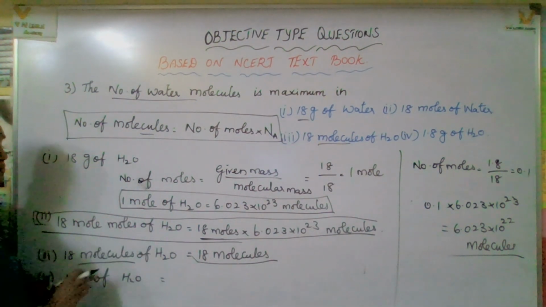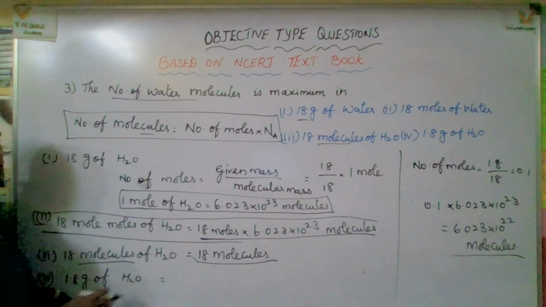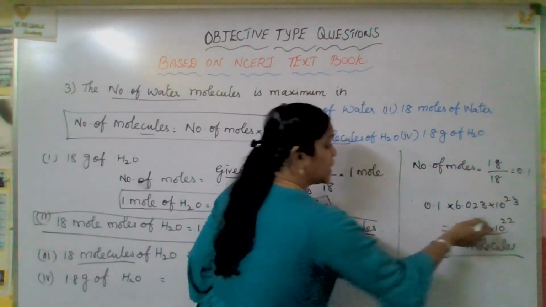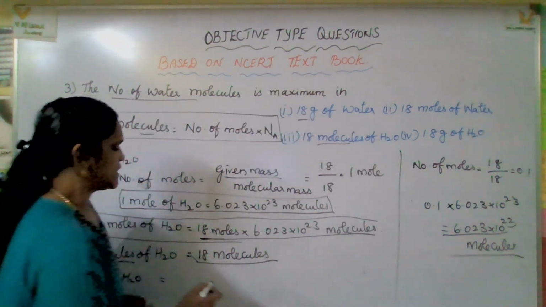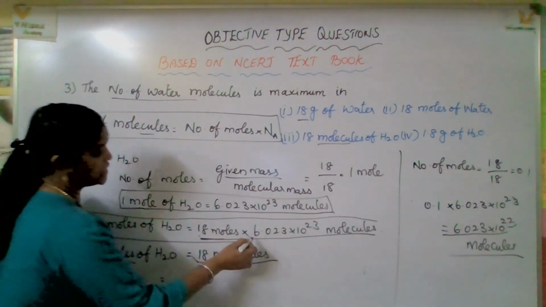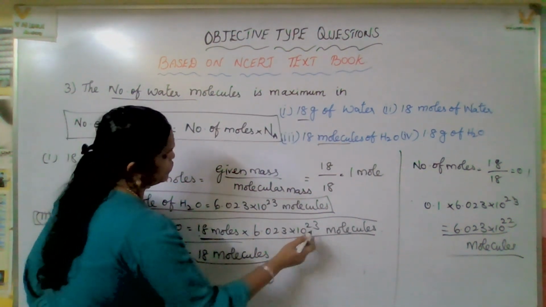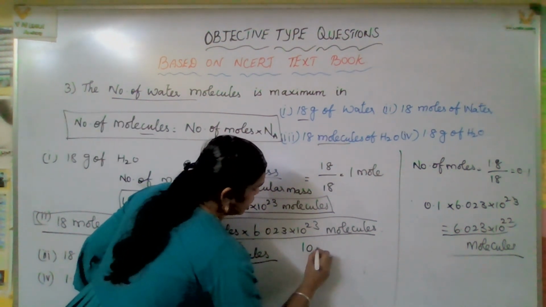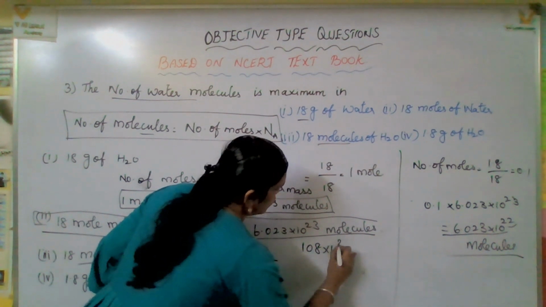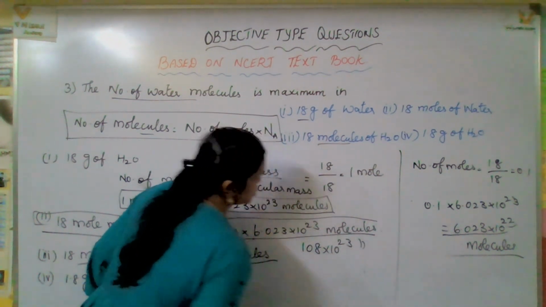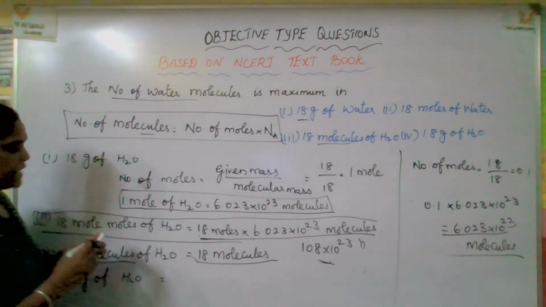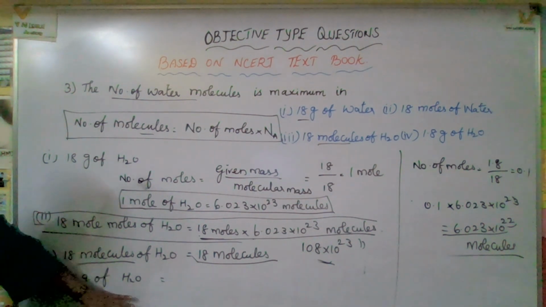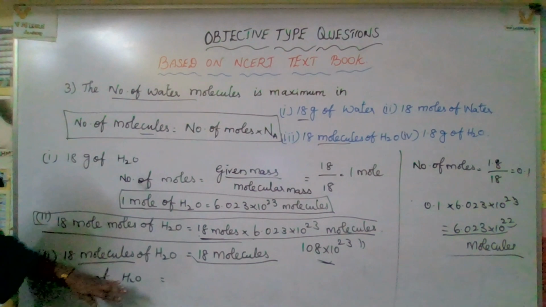This one is 6.023 into 10 to the power of 22 molecules, whereas here 18 moles into 6.023 into 10 to the power of 23, you may get it actually 108 into 10 to the power of 23 molecules. Please check the answer. I hope you got a clear idea how to analyze this question.